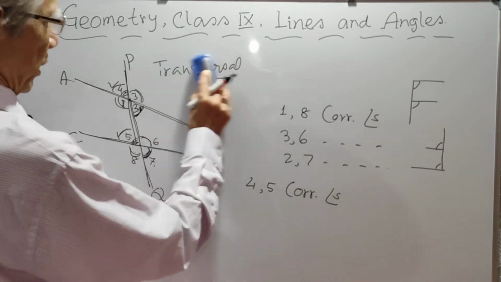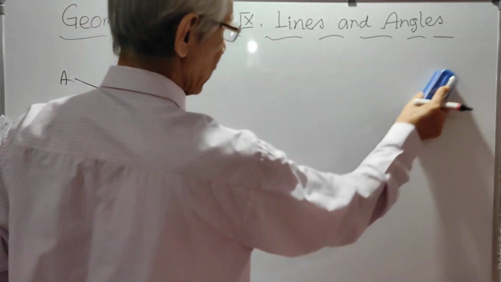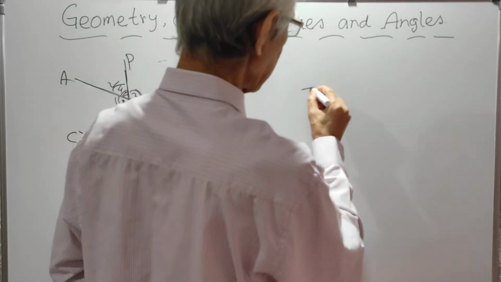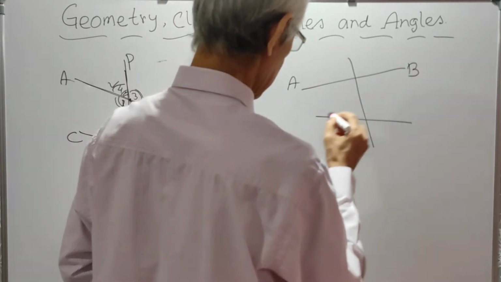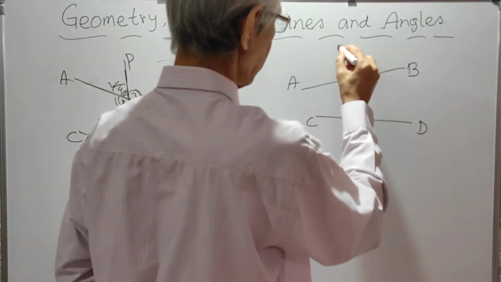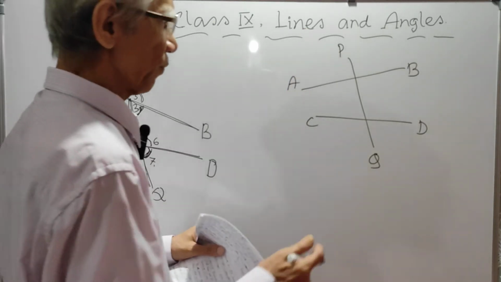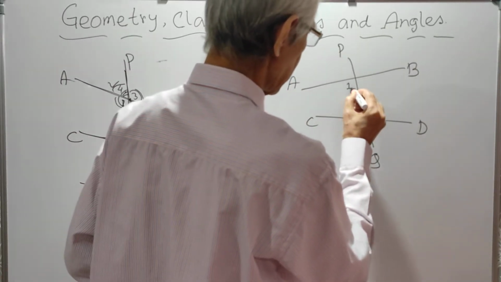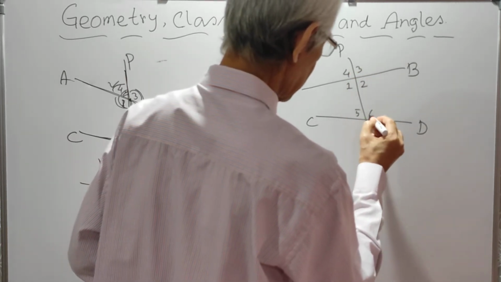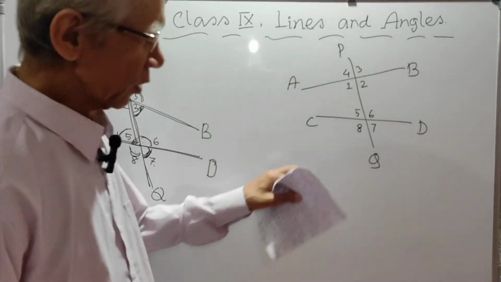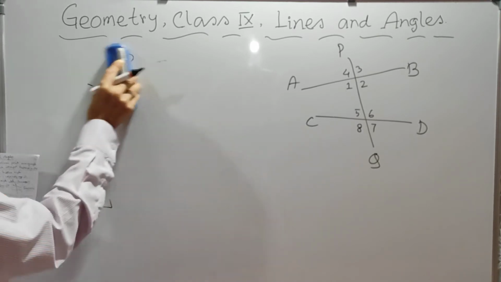Now 2 pairs of alternate angles. Again, this is the transversal PQ, and AB and CD are 2 straight lines. Let me name the angles: this is 1, 2, 3, 4, 5, 6, 7, 8.